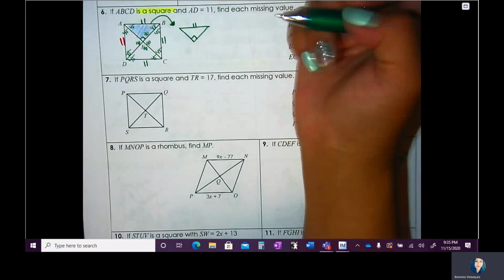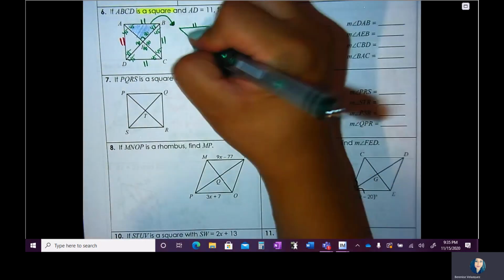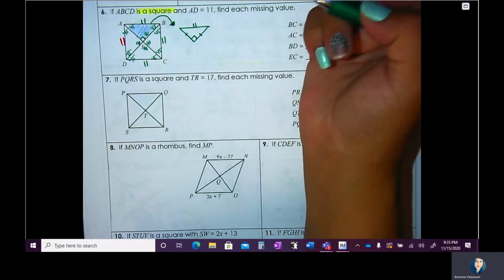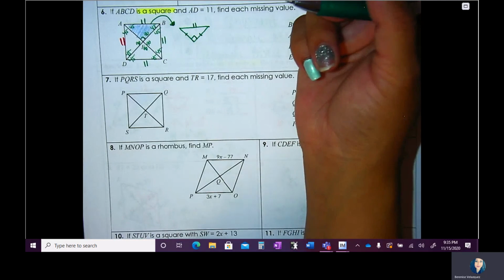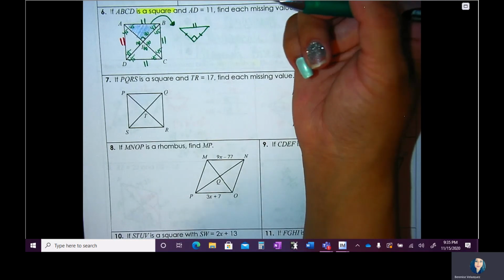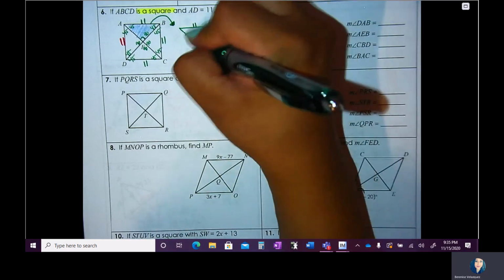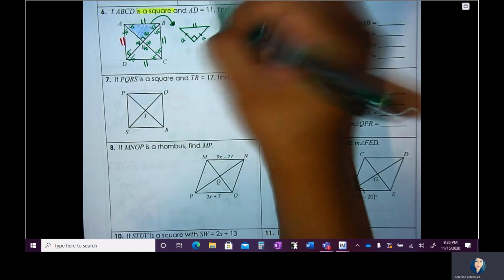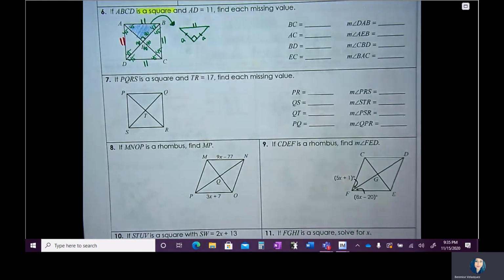So how am I going to use the Pythagorean theorem if I have two missing pieces? Well, here's the thing. Remember, these two pieces are the same. So technically, you're not finding two pieces of information. You're only finding one. So this could be A and this could be A. They don't have to have two separate letters. So we're actually finding one letter instead of two unknowns. So it is a little bit different in that aspect, but it's not bad.